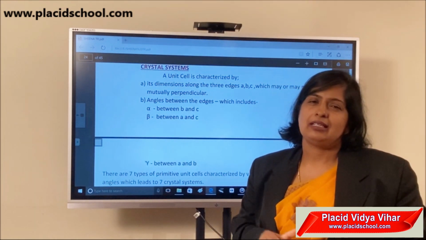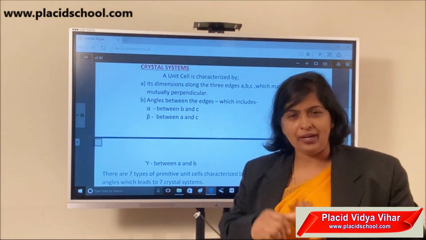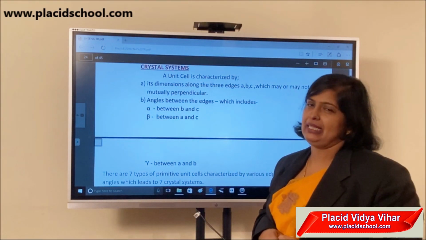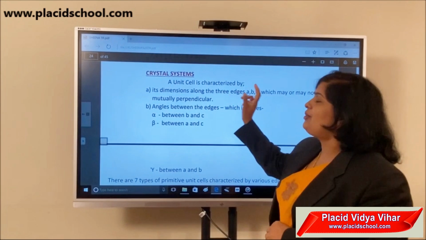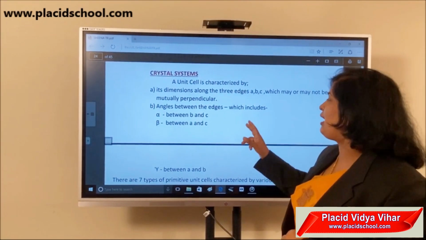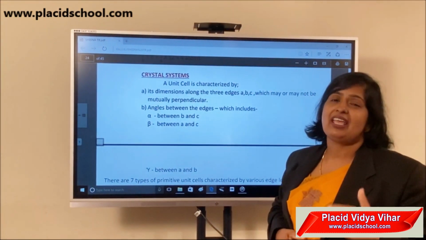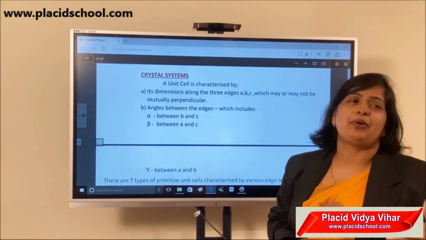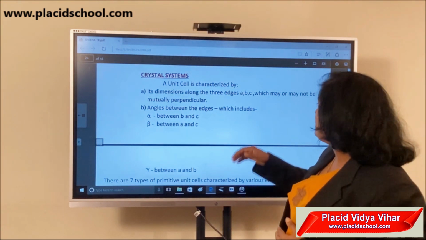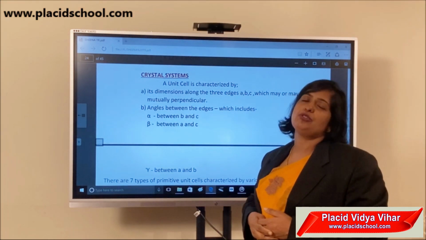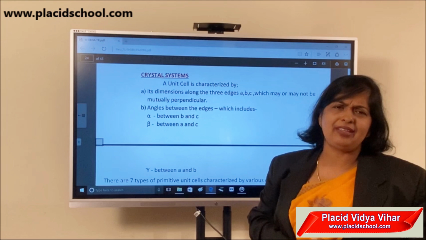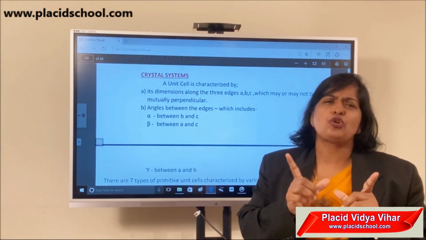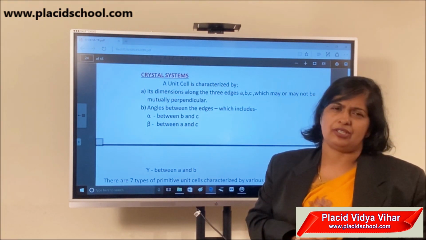They are length, breadth, width, and the angles between them. So it is written here, a unit cell is characterized by its dimensions along the 3 edges A, B, C. A, B, C represent length, breadth, and width respectively, which may or may not be mutually perpendicular. It is not necessary that the edge lengths should be perpendicular to each other.